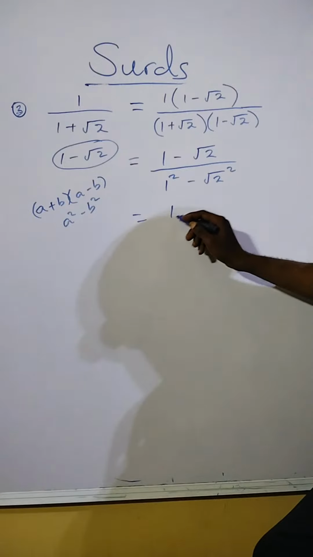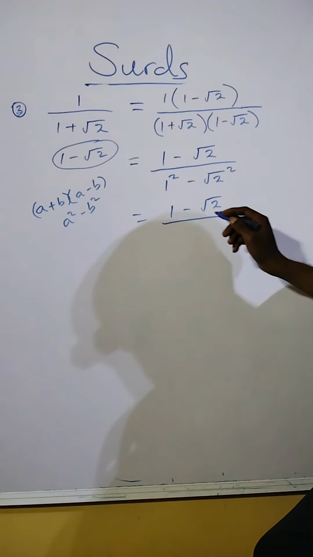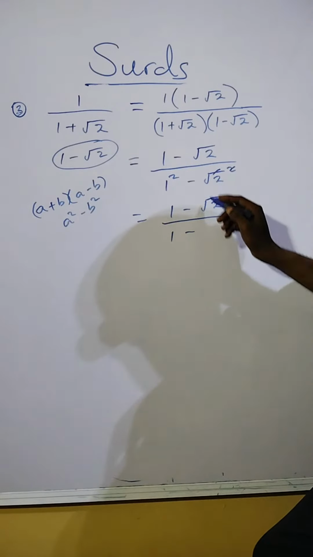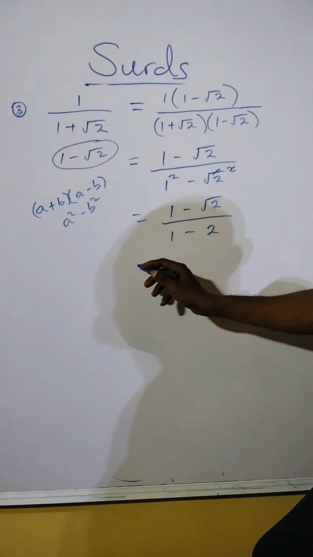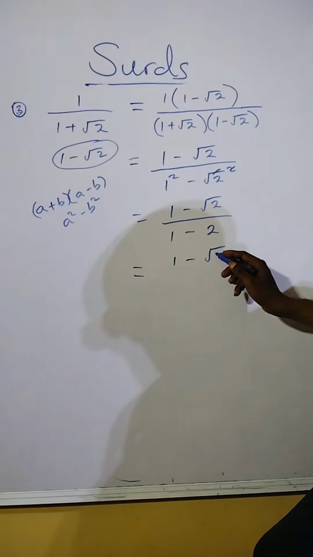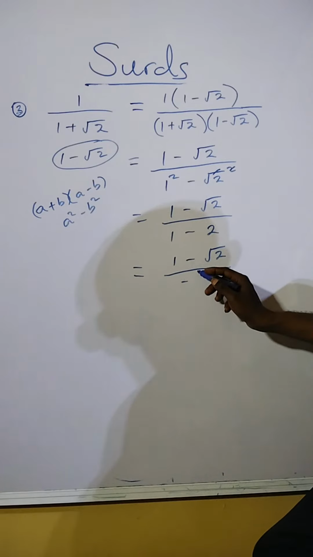And we have 1 minus root 2 over 1 squared is 1, and minus root 2 squared, square cancels square root, you have 2. Then which is 1 minus root 2 over 1 minus 2, that's minus 1.